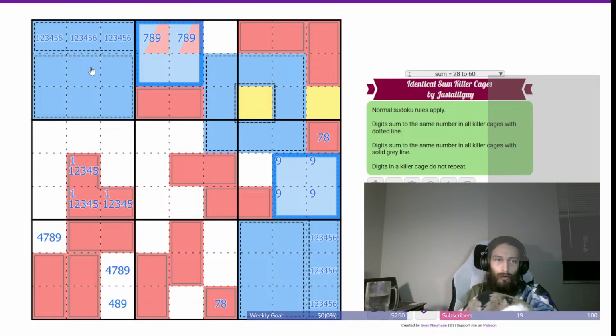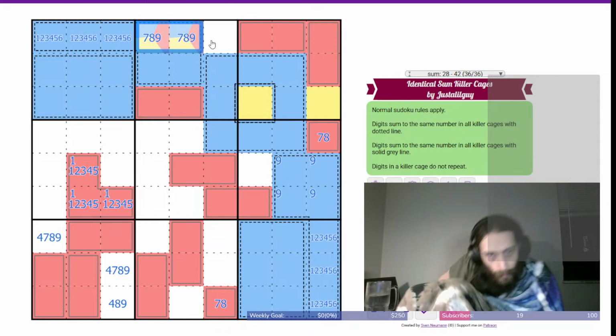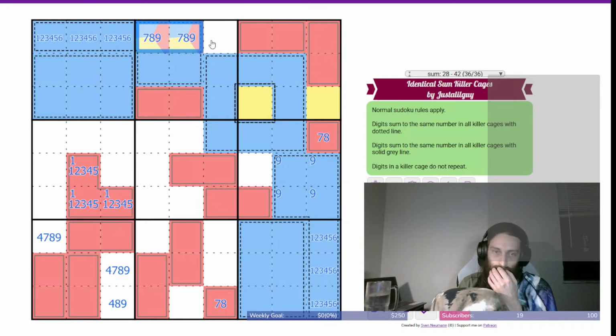And we also know that in this one, it's out of there. So yellow must be one of those. No, yellow is in that.